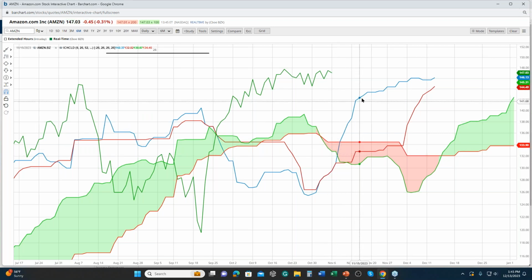What's my short-term moving average? Well, it's still trending up, but it is getting a little bit flat, an indication of consolidation. What's my medium trend? My medium trend is very strong, right? Very strong. And it's still trending up. So that would be a bullish indication.